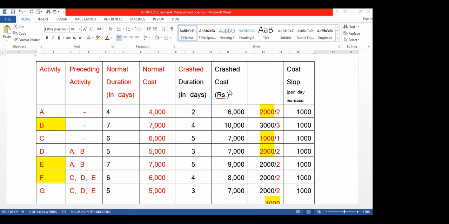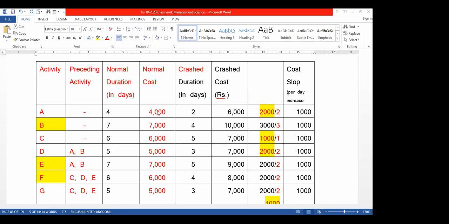While we are crashing the duration, say a 4-day work we are going to finish in 2 days, then we need extra manpower, extra machinery, extra energy and so on. Therefore, it takes some extra cost. That is why the crash cost increases when compared with the normal cost.